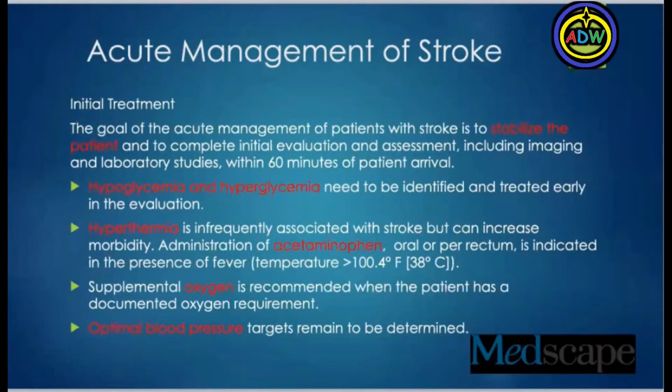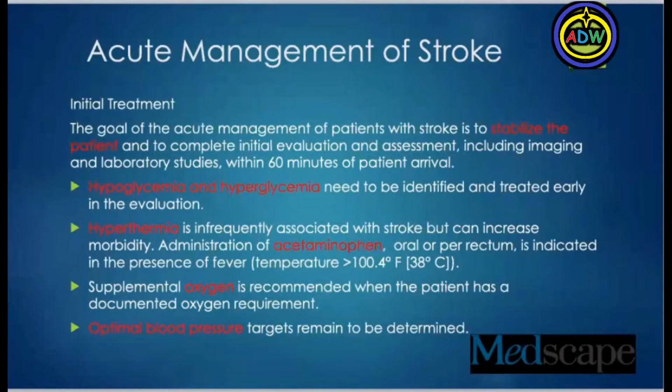So acute management of stroke. The goal of acute management of patients with stroke is stabilization of the patient and complete initial evaluation and assessment, which includes CT scan and laboratory studies within an hour of patient arrival. So for all evaluation and assessment, only an hour is given.